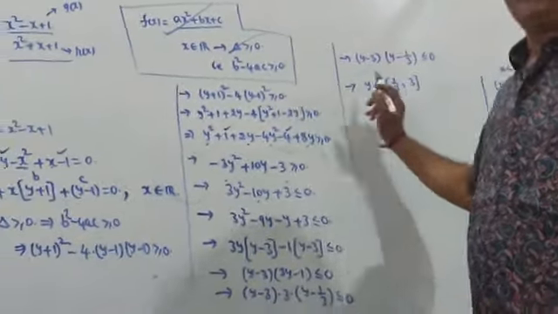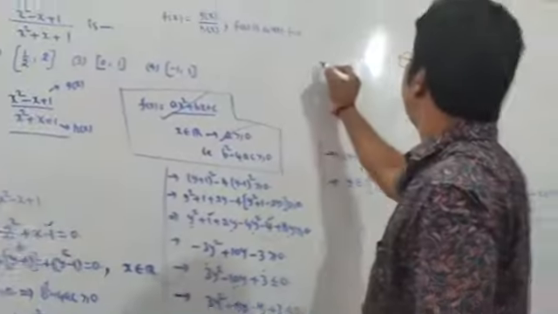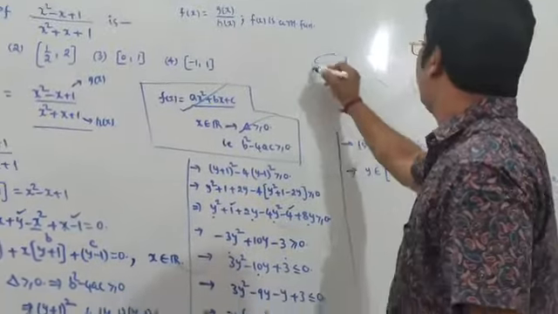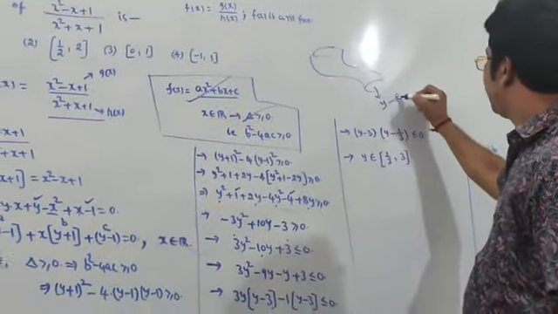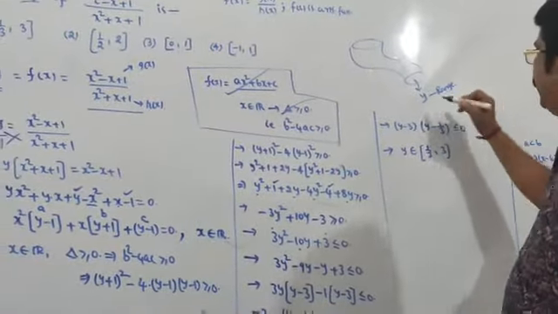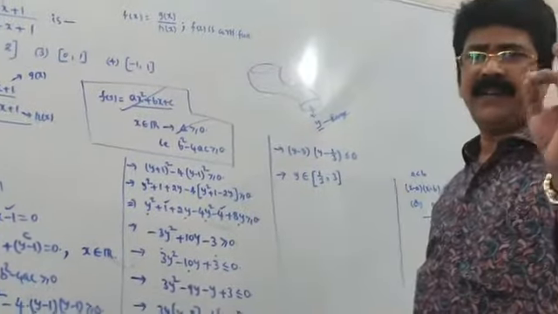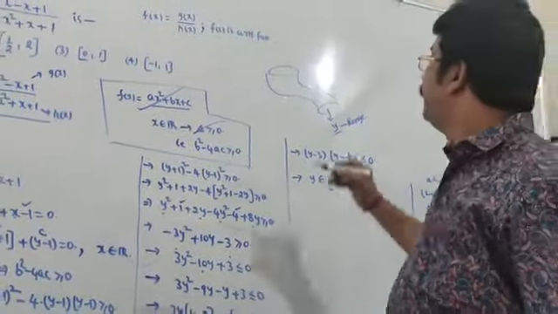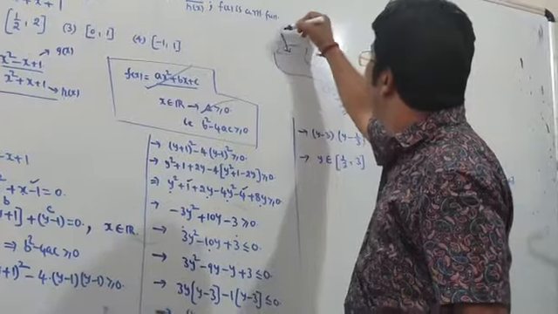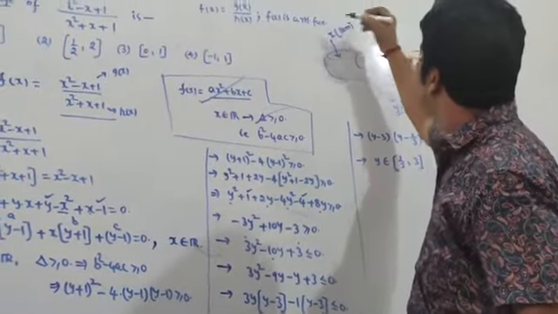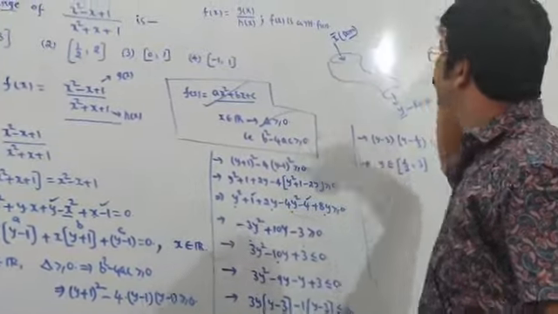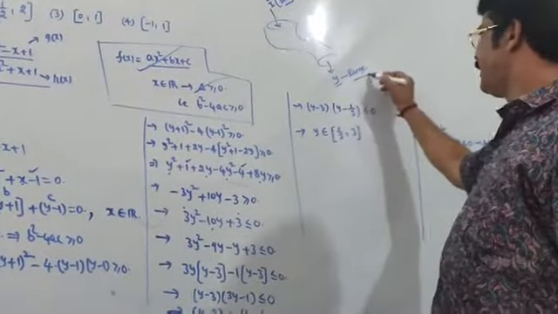So y belongs to 1 by 3 comma 3. What is y? y means f of x. Already I said y means the range; the letter y stands for the range. Here, x means domain; x stands for the domain and y stands for the range.